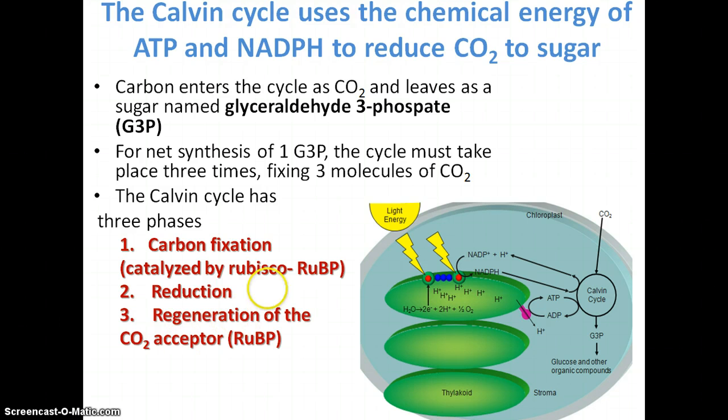The other part of this regeneration phase is that, as we use the ATP and the NADPH molecules throughout the Calvin cycle, they are regenerating back to their NADP+ form and ADP form, which means they are now ready to be electron acceptors and the objects of phosphorylation in the light reactions back in the thylakoid membrane.